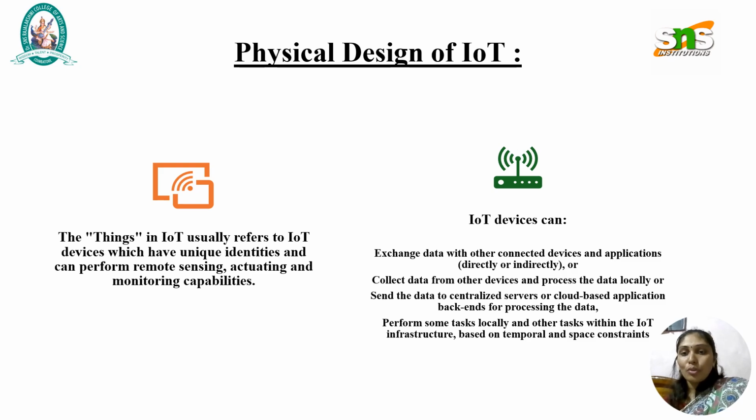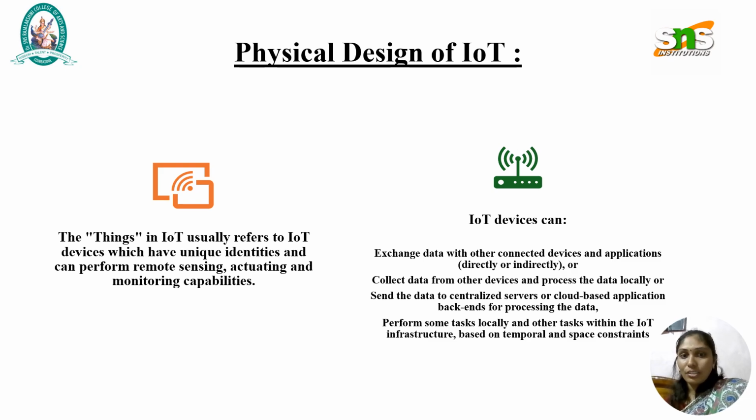There are two types of designs followed in the IoT. One is physical design and one is logical design. So what is a physical design? IoT usually refers to devices which have unique identities and can perform remote sensing, actuation and monitoring capabilities. So what can an IoT device do?